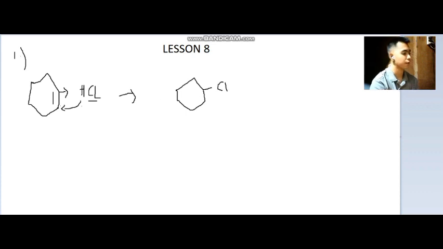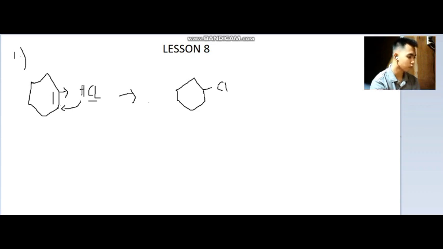Okay, so why does this happen? Because based on Markovnikov's rule, the hydrogen is attracted to areas which have fewer hydrogens, which have fewer bonds. So in this case, carbon one has fewer bonds than the other carbons around.